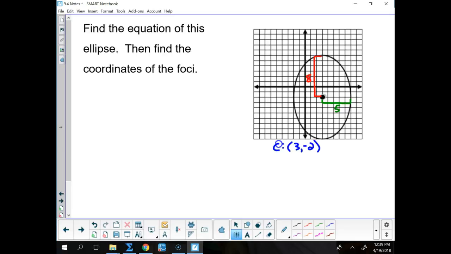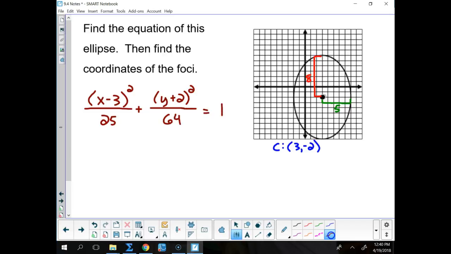Yep. Okay. X minus 3 quantity squared all over 25 plus y plus 2 quantity squared all over 64 equals 1.